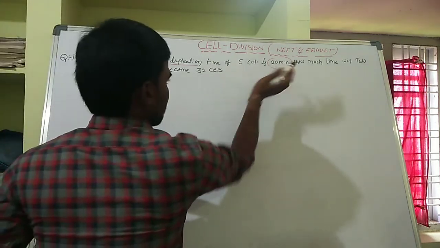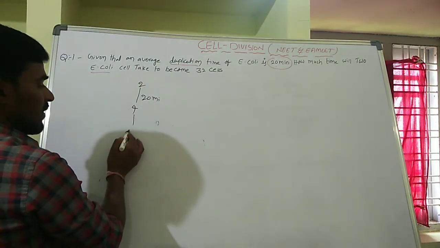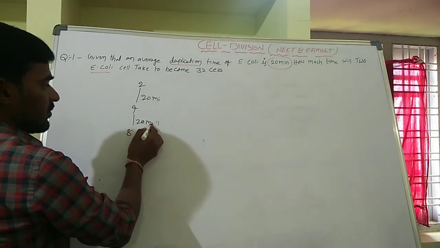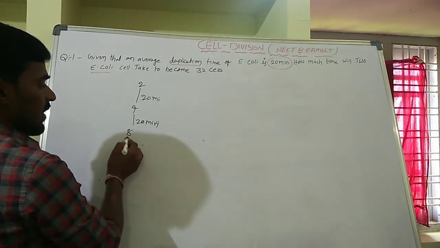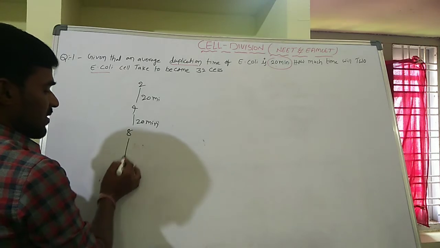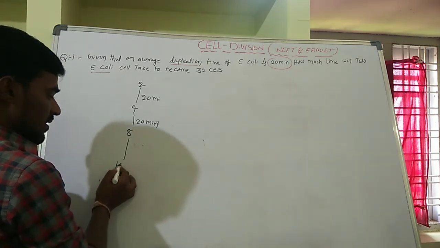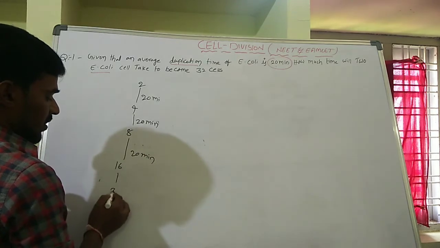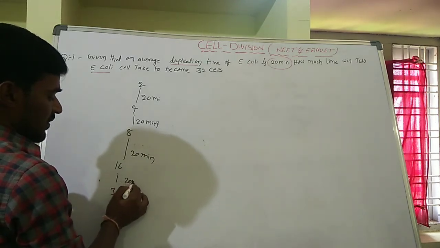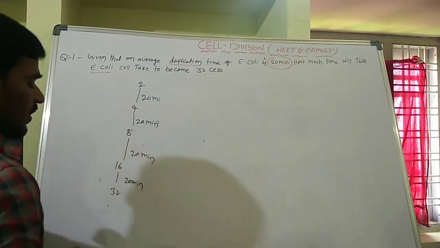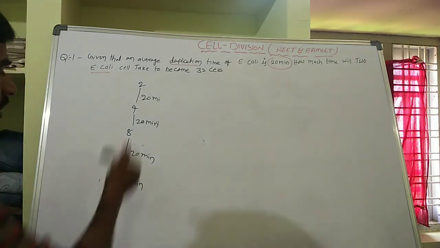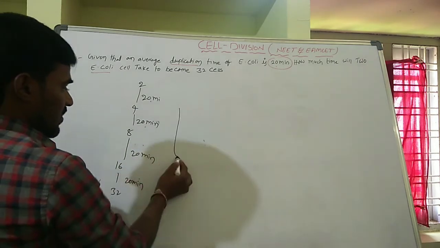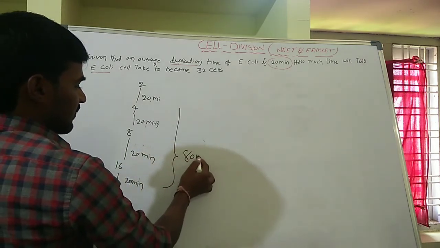The time is the same. Again 8 cells in 20 minutes, 8 again 16 in 20 minutes, 16 to 32 in 20 minutes. Now count the time: 20, 20, 20, 20. The answer is 80 minutes.